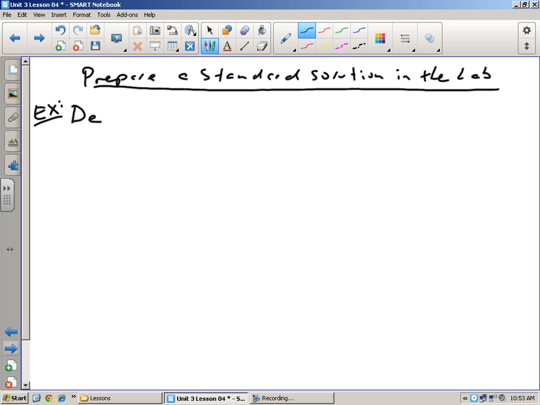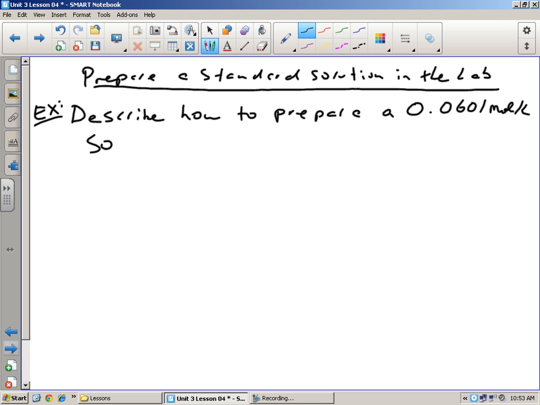I happen to have some... Describe how to prepare a 0.0601 molar solution of copper 2 sulfate.